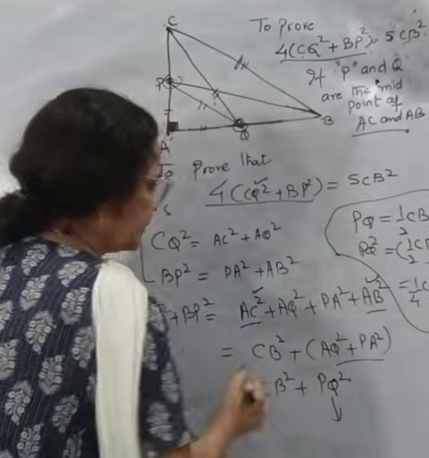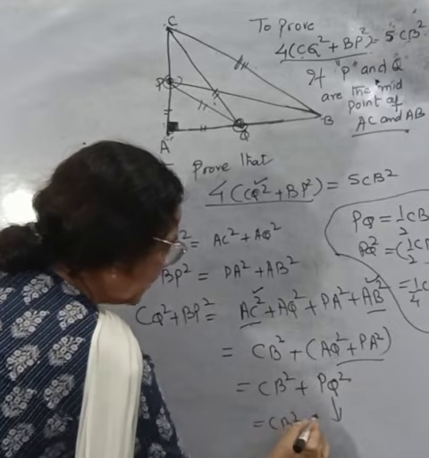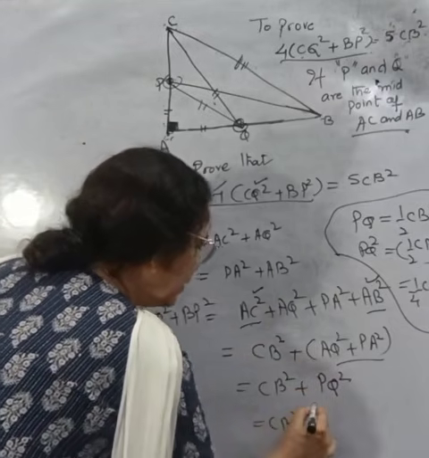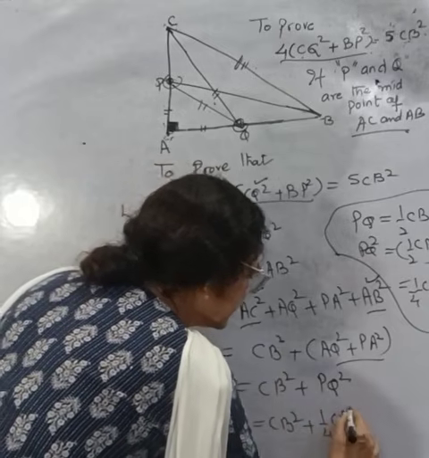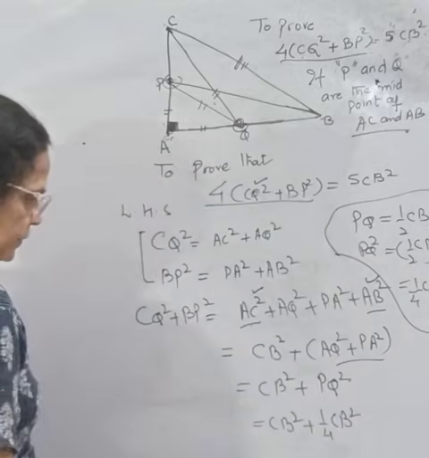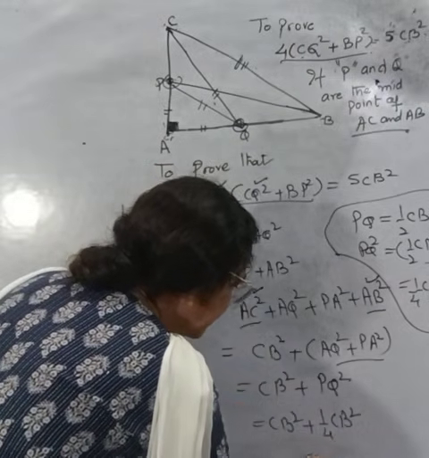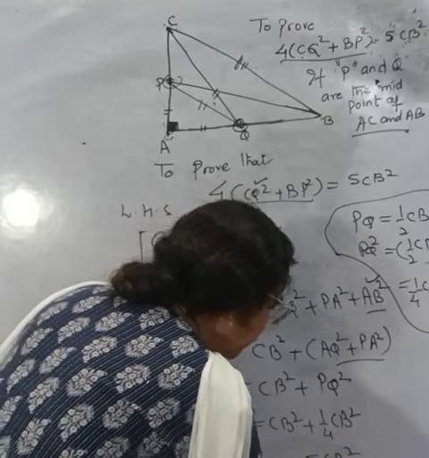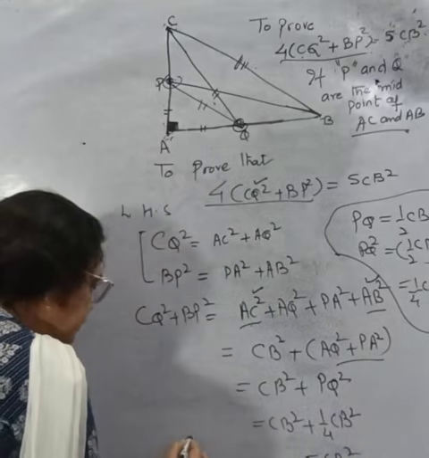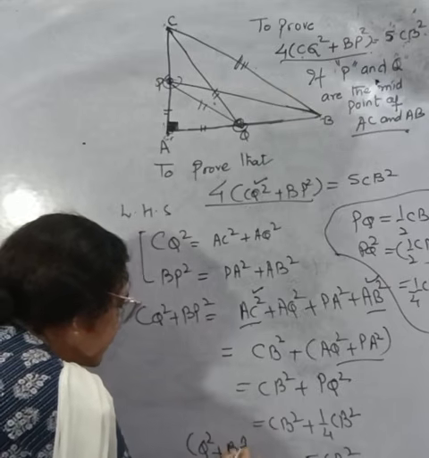So replacing this by this. This is equal to CB square already, and in place of this we can write 1 by 4 CB square. Correct? So it will be equal to 5 times CB square upon 4, which is equal to CQ square plus BP square.